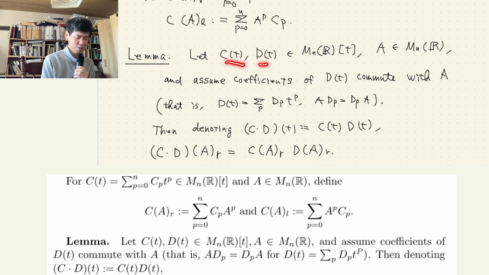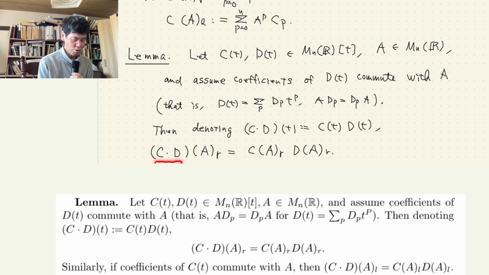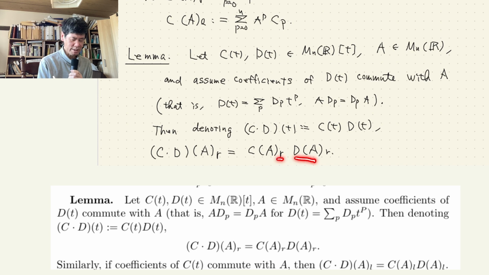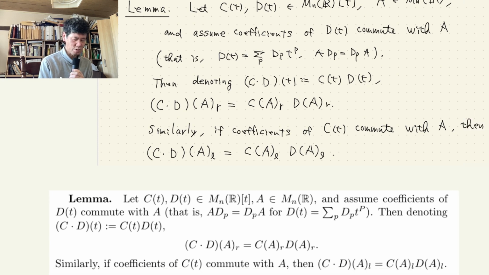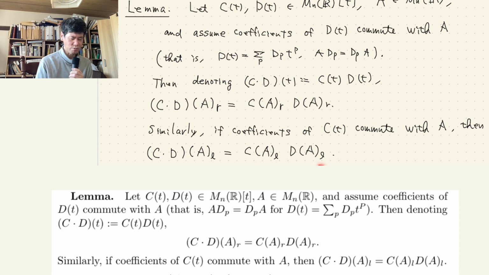Let C of t and D of t be polynomials whose coefficients are matrices, and assume the coefficients of D of t commute with A, that is, denoting D of t as the summation of D_p t to the p, A D_p is equal to D_p A. Then C times D of A to the right is equal to C of A right times D of A right. Similarly, if the coefficients of C of t commute with A, then C times D of A is equal to C of A left times D of A left.